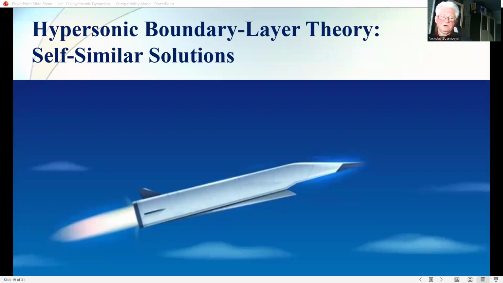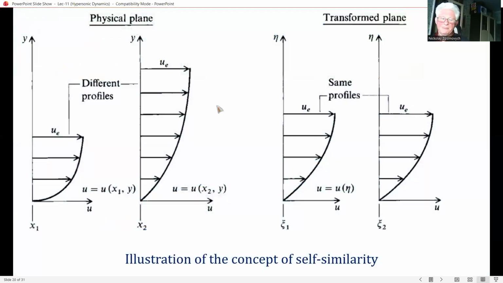The concept of self-similar boundary layers is illustrated in this slide. In general, the variation of flow properties throughout a two-dimensional boundary layer is a function of both x and y.